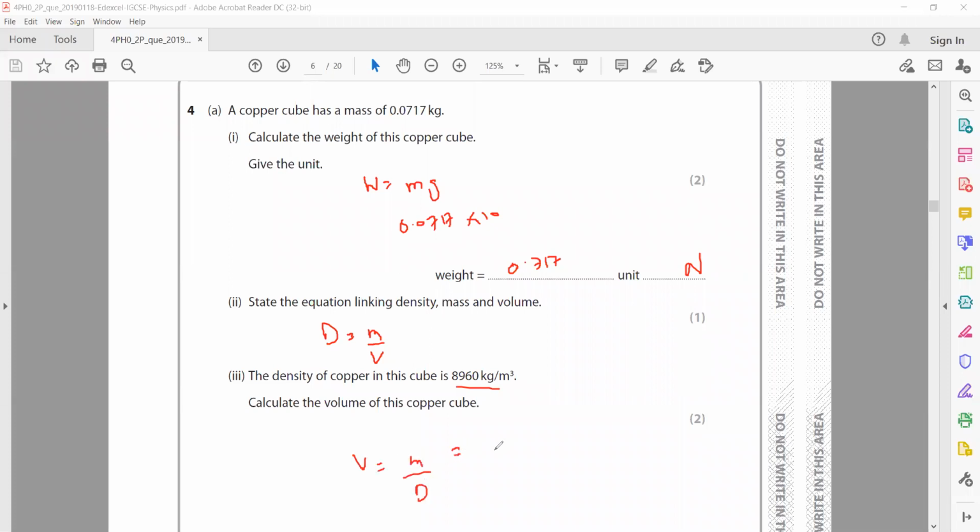So the mass of the cube is 0.0717, and the density is 8,960 kilogram per meter cube. This will give us the volume in meter cube, which will be 8 into 10 to the power minus 6 meter cube.